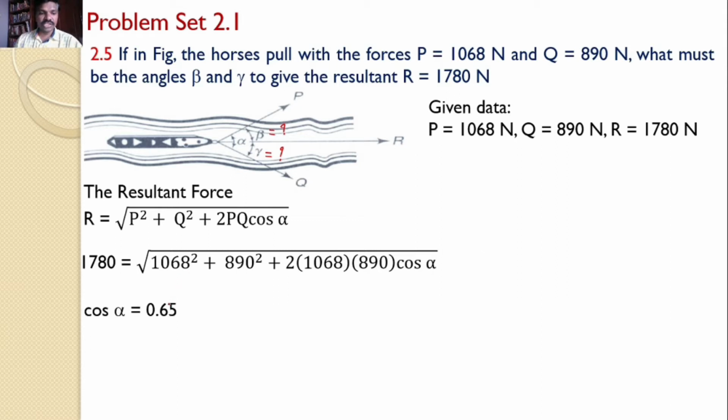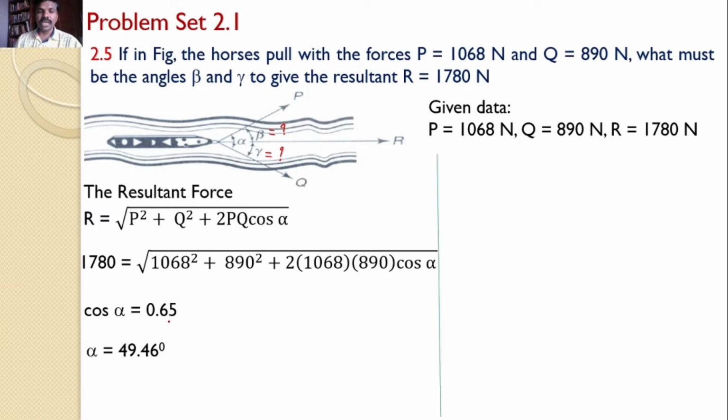Squaring on both sides and solving this equation, I can calculate that cos alpha is equal to 0.65. Hence I can calculate the alpha value, that is cos inverse of 0.65, which gives 49.46 degrees. Once you know the value of alpha, I can calculate beta and gamma.